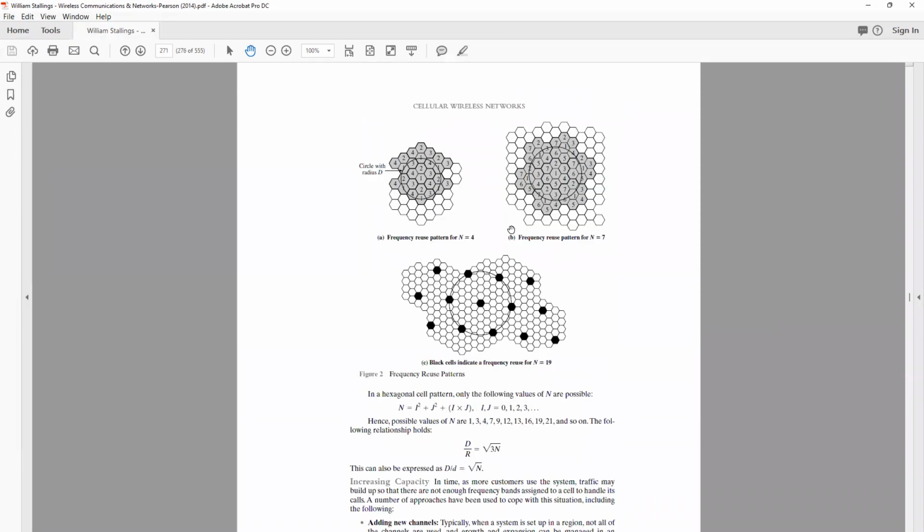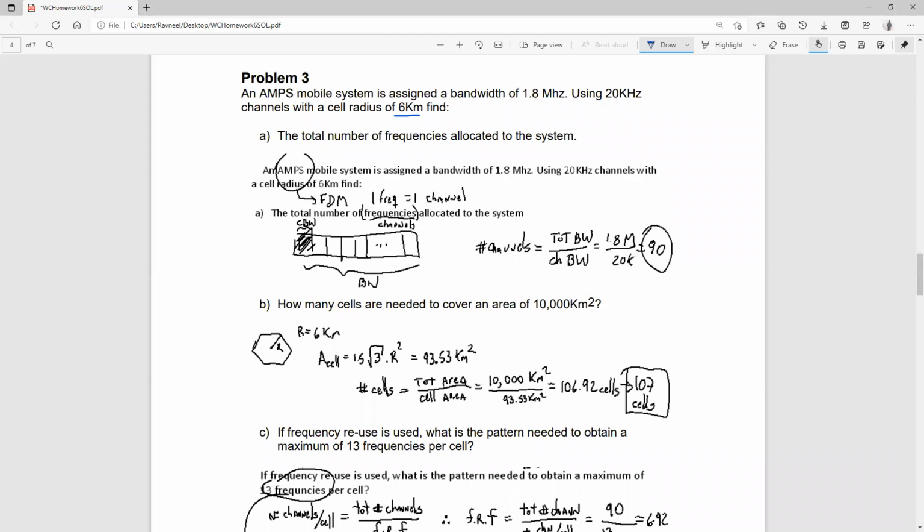Initially, there's a certain area that needs to be covered, and in that area, we have how many cells? Based on our question, we are using 107 cells.